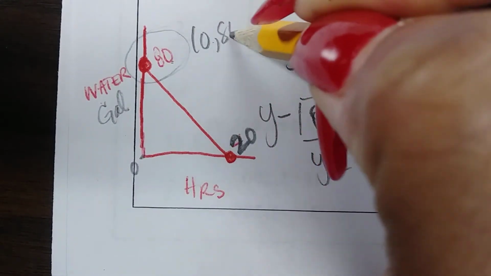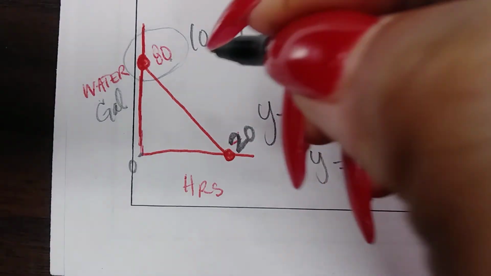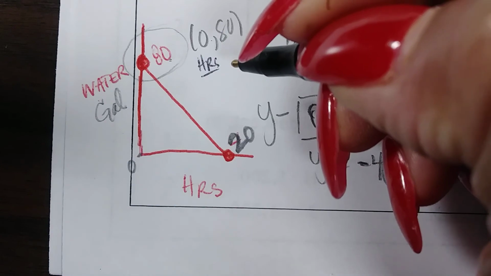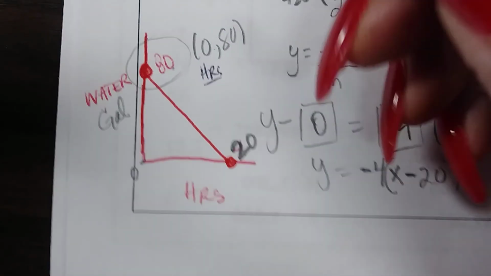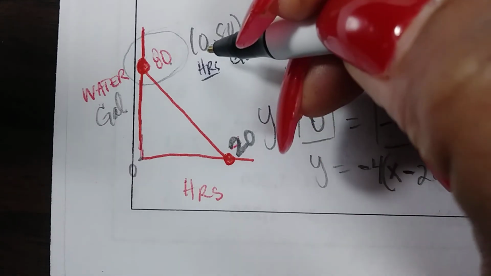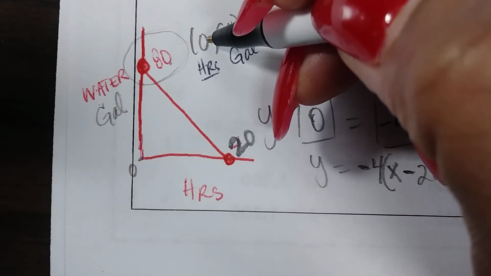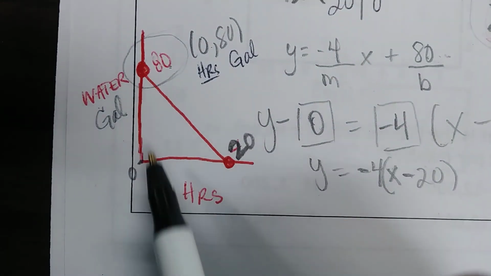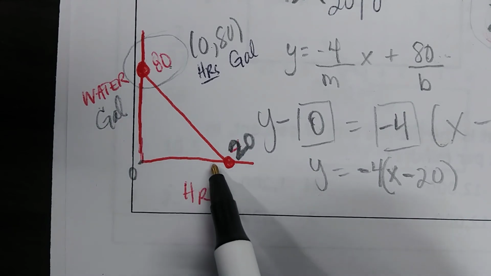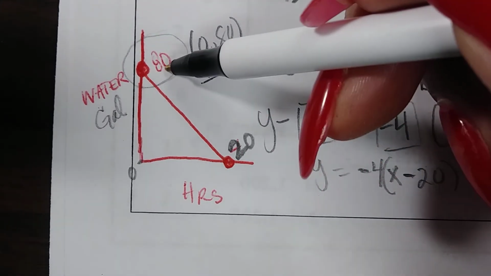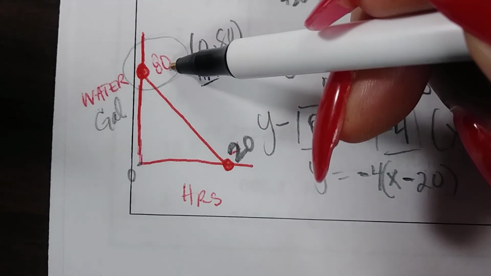We write our point, number of hours is what the 0 stands for, and 80 represents the number of gallons. So if I'm talking about the number of gallons I have before time began to pass, this would be the starting amount of water in the tank.